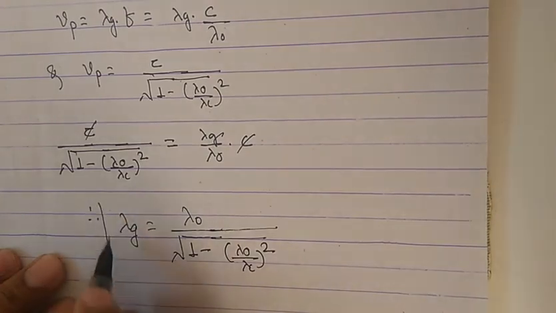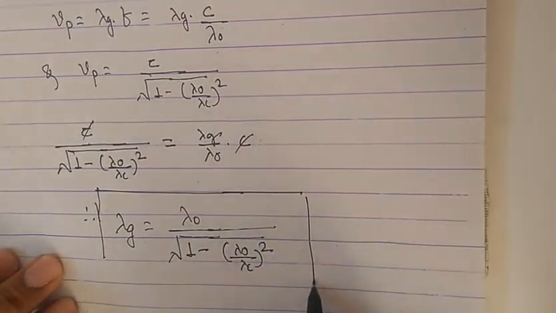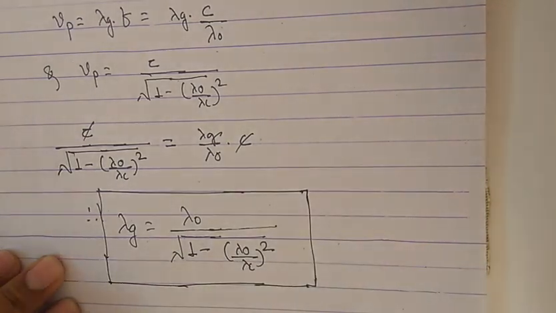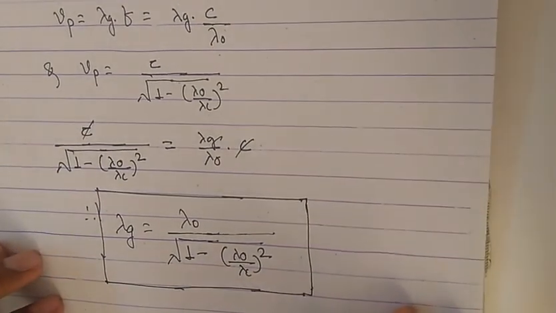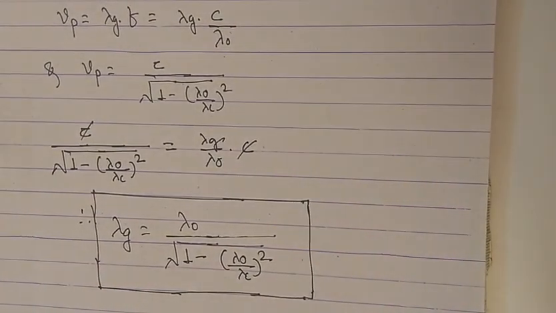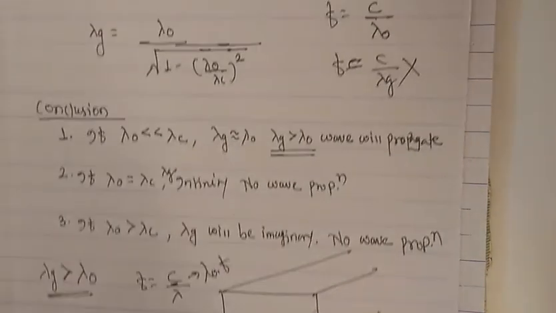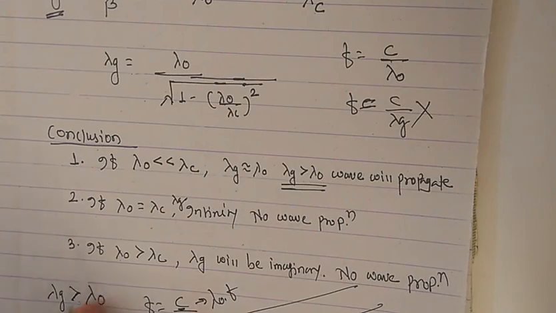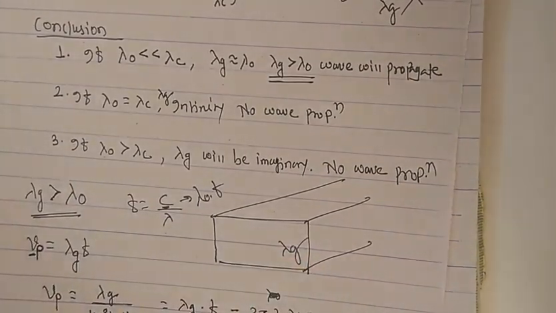So this is the relation you must have used in your microwave lab while doing frequency measurement. And at the start, we have also used this to obtain the phase velocity definition or the condition for wave propagation inside the rectangular waveguide. Thank you.